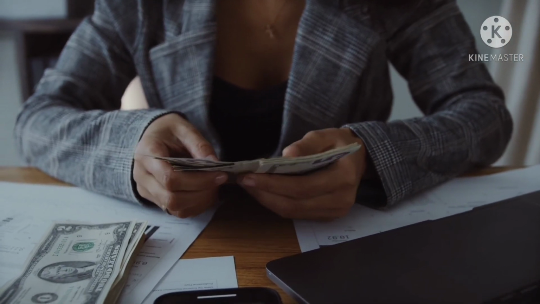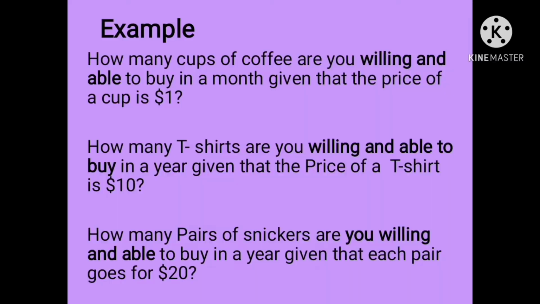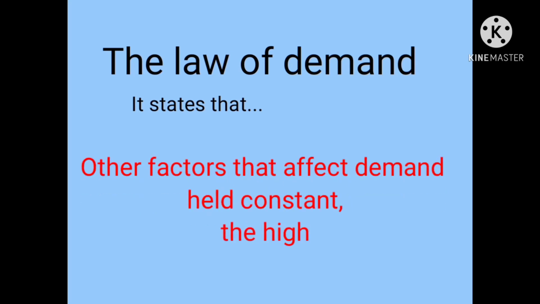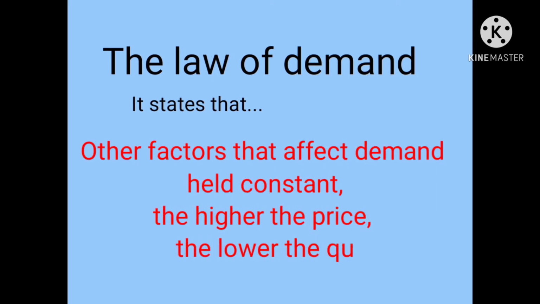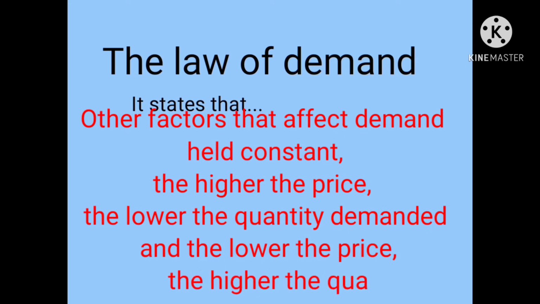Does demand have a law? Yes, it has. And let's get looking at the law of demand. How does this law state? The law of demand states that, other factors that affect demand held constant, the higher the price, the lower the quantity demanded.